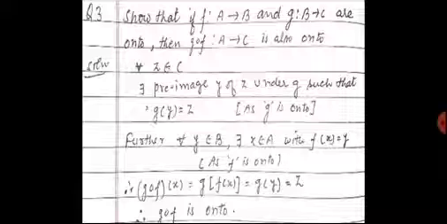Set B. If all the elements of the codomain have their pre-image, that is, there is not even a single element in the codomain which is not associated with any element of the domain. That is, a function is said to be onto if the range of the function is equal to what?